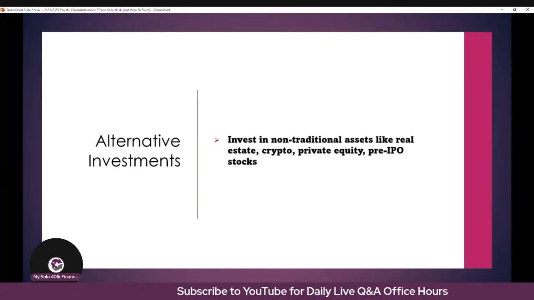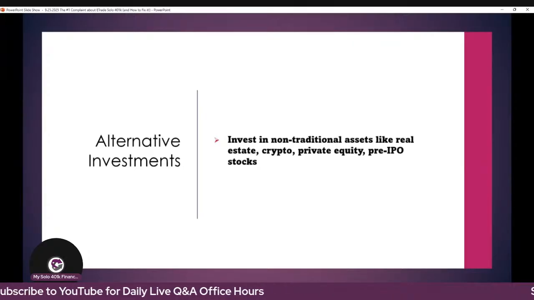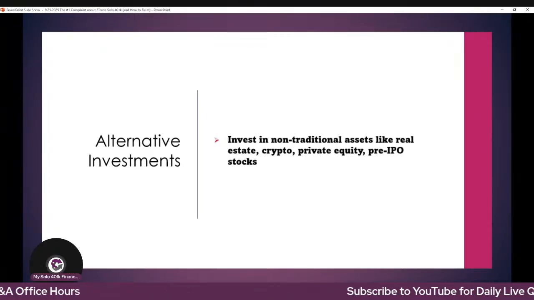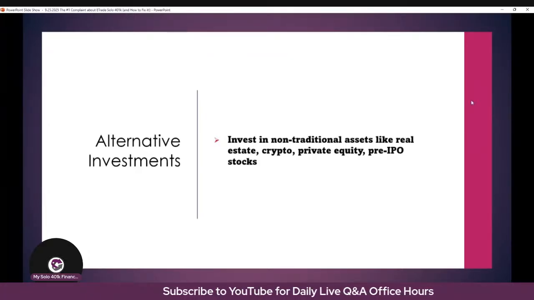So you can invest in the same type of investments that E-Trade's Solo 401k plan offers, meaning those brokerage type investments, but also have the ability to truly diversify into alternative investments.